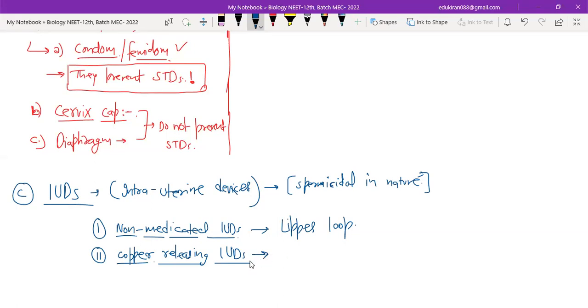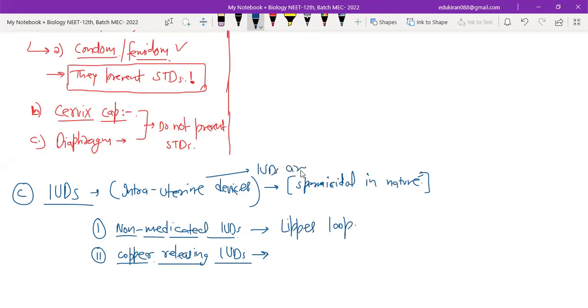Cation, yes. So when cation is released in the presence of copper, these intrauterine devices, as the name suggests, are inserted inside the uterus and placed in a proper orientation where they show their effect. Now for IUDs, just note down one thing, that medical supervision is important.